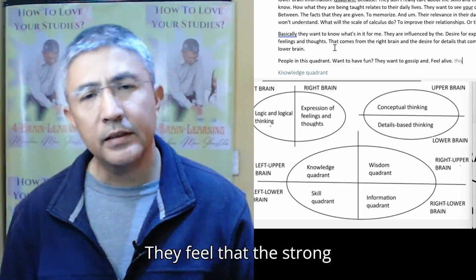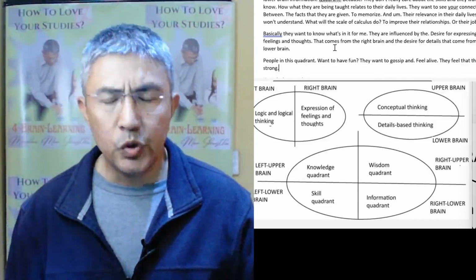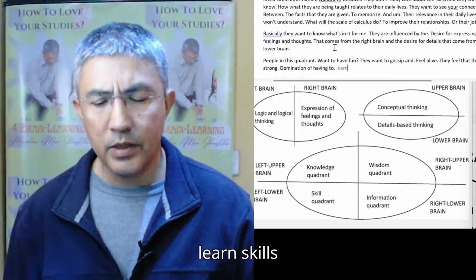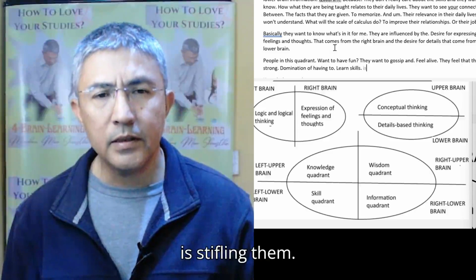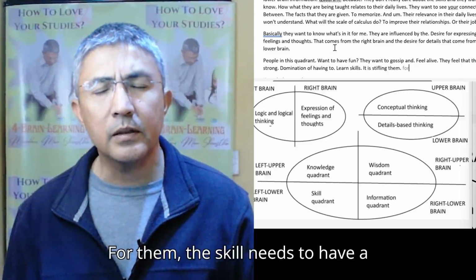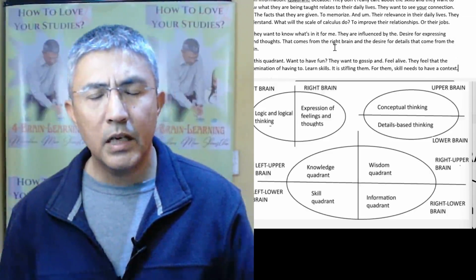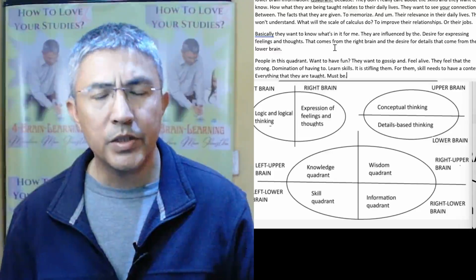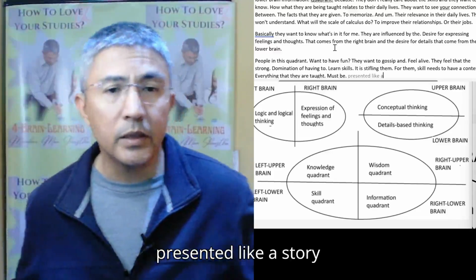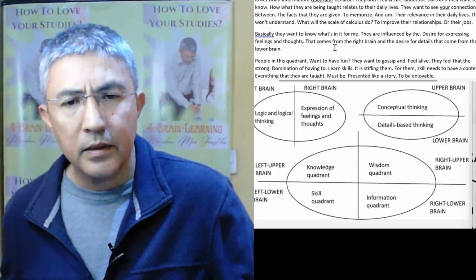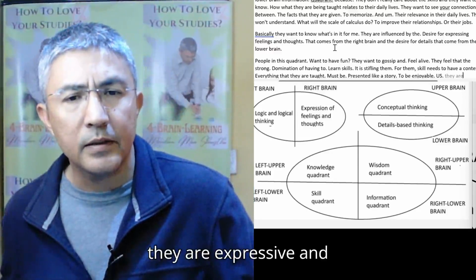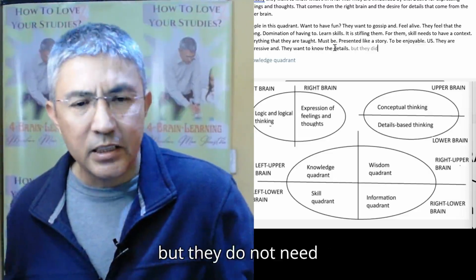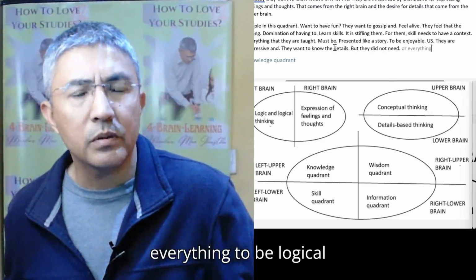They feel that the strong domination of having to learn skills is stifling them. For them, skill needs to have a context. Everything that they are taught must be presented like a story to be enjoyable because they are expressive and they want to know the details, but they do not need everything to be logical and accurate.